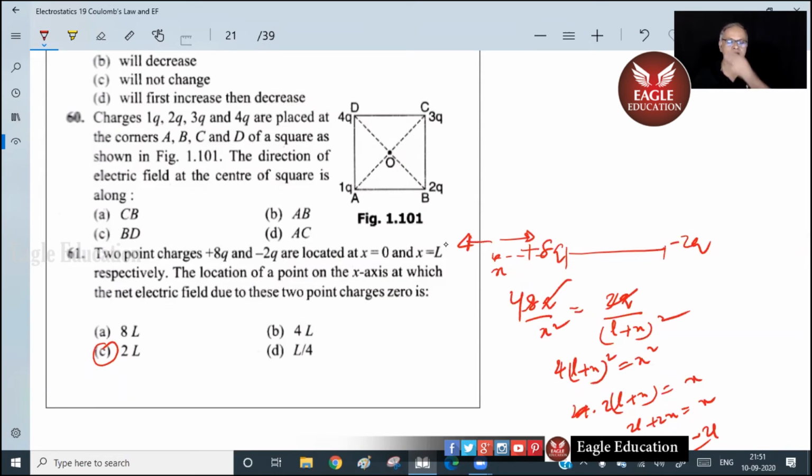So what next? Charges Q, 2Q, 3Q, 4Q are placed in the corners A, B, C, D of the square. The direction of electric field at the center of the square is along. This is really your job, I need not have to tell you.